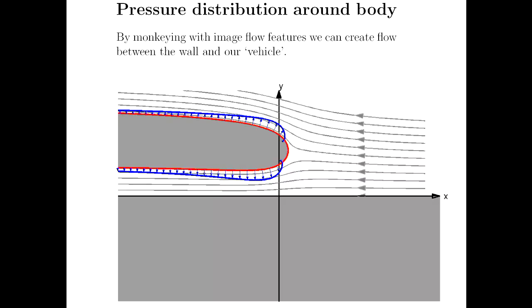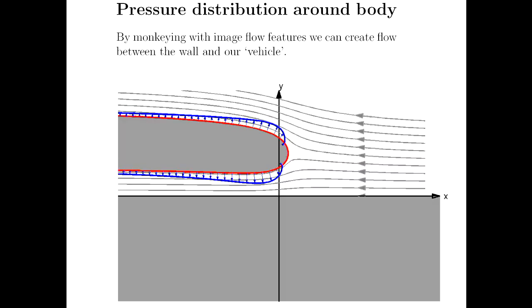I've plotted the pressure coefficient on the surface of my half Rankine body. And I just want to have a look at what happens to the pressure coefficient as I place this source closer and closer to my boundary.